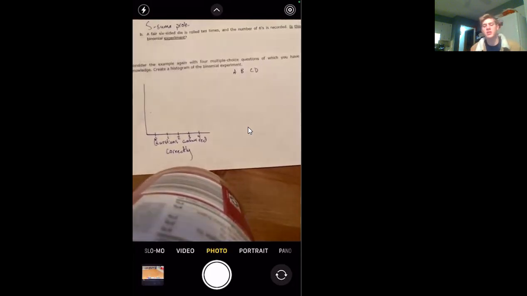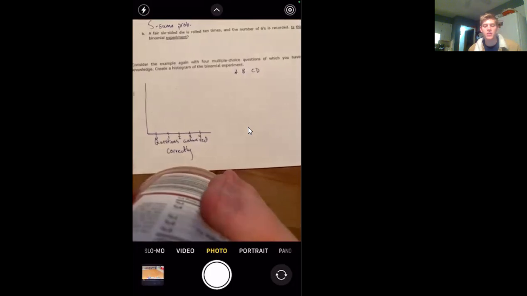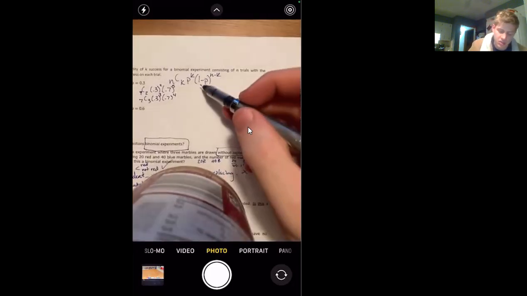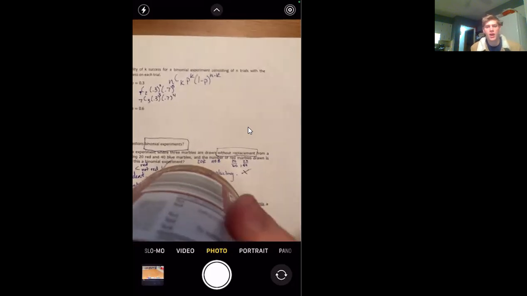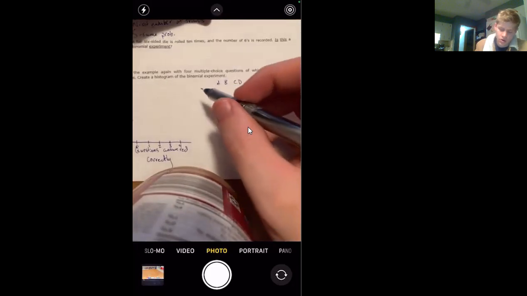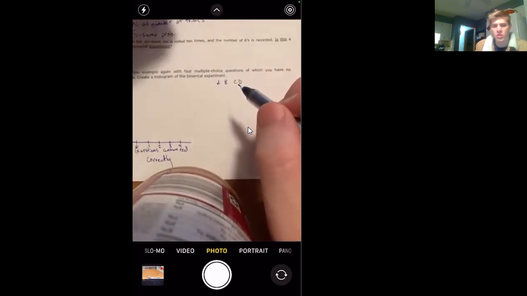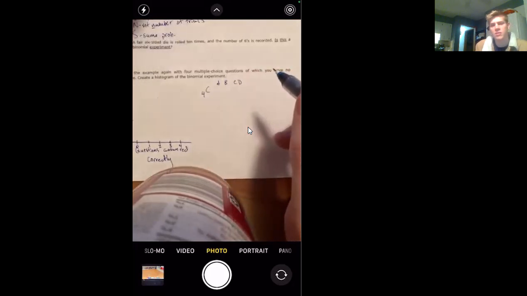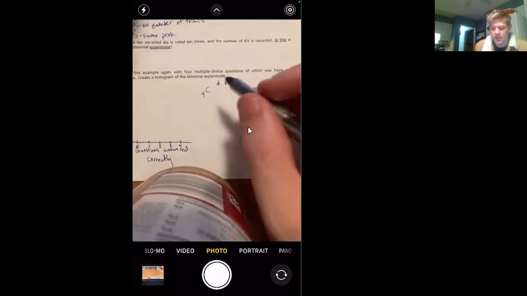So when I am finding the probability of an outcome of a binomial experiment, we should be using this formula here. So I need to write that down here. If I'm looking for the total number that you can choose from, it's 4. Let's look at the chance if I got 0 correct.